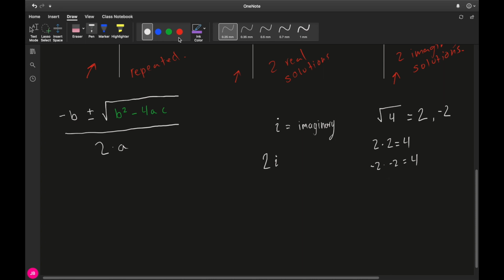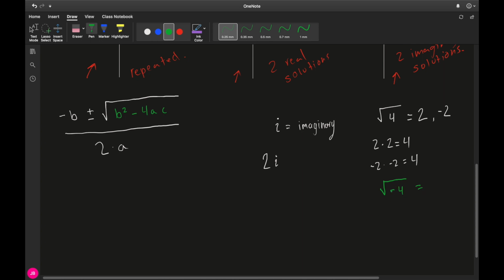So then, where it gets a little bit tricky is, what then is the square root of negative 4? In other words, what two numbers can I multiply together that are both the same that will give me negative 4?